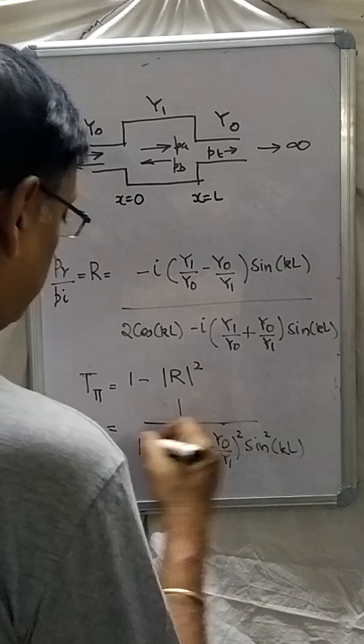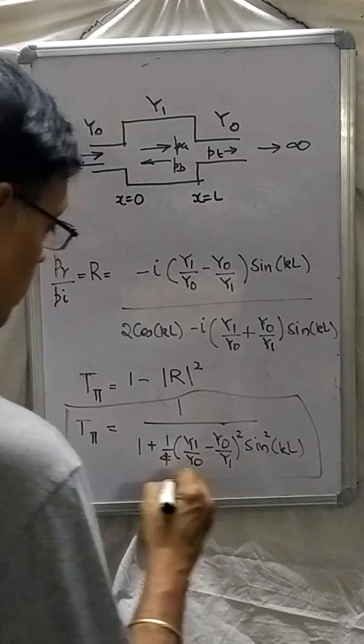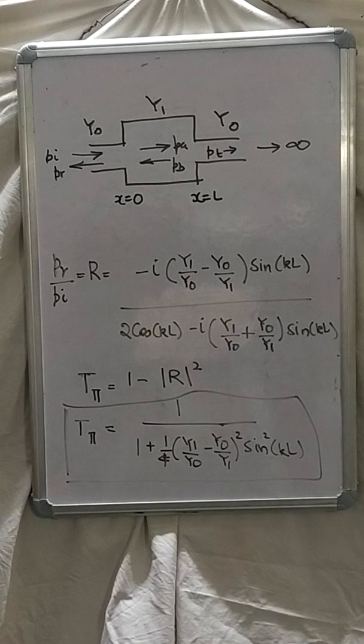So this is the transmission coefficient. This is the fraction of the incident power that is going to be transmitted into the exit pipe.